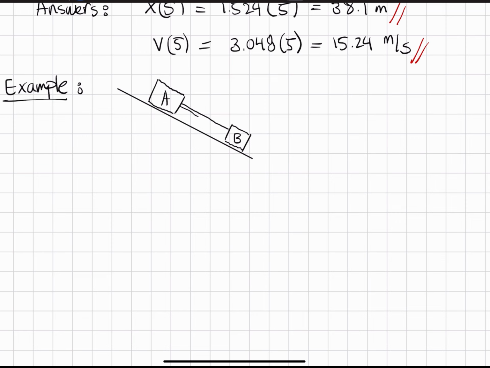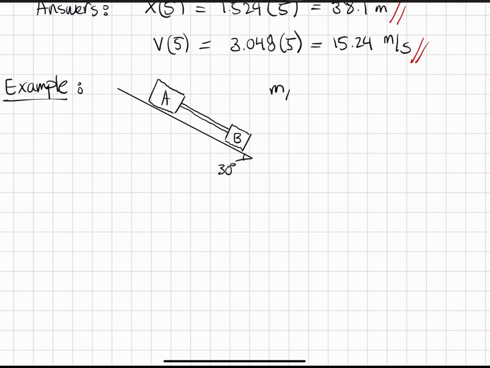You can think of this link as being completely rigid, having no mass of its own, and it's only there to connect the two together. So if there's any forces, it's going to pass them between the two masses. So we have the two masses. The only other thing we have to know is the slope of this surface. This is 30 degrees.